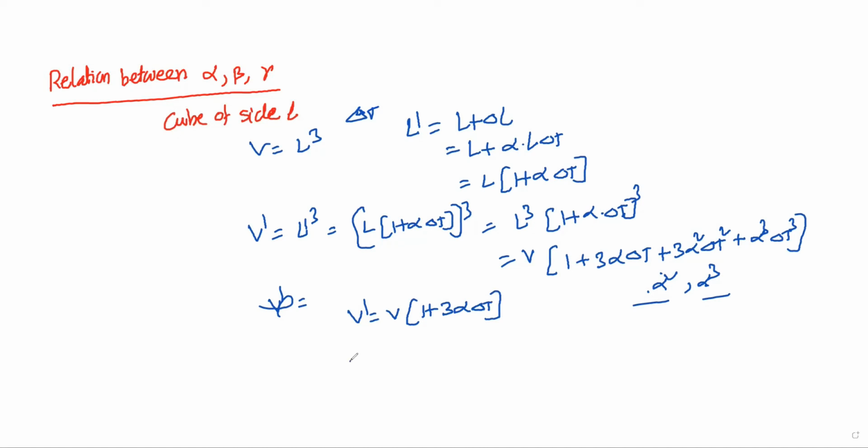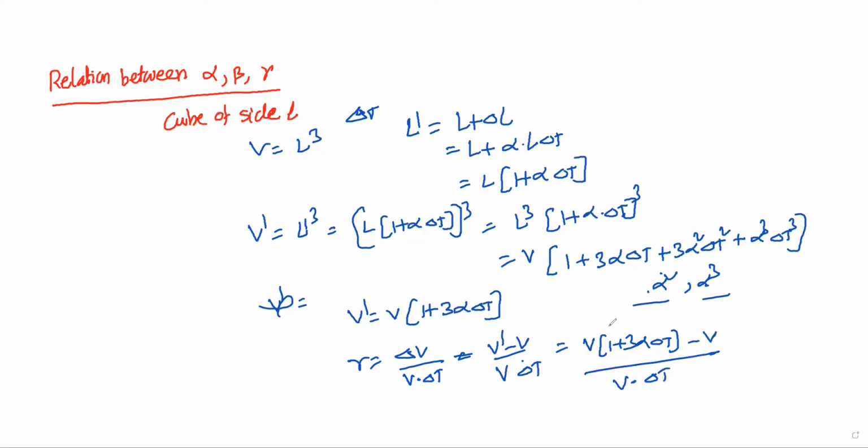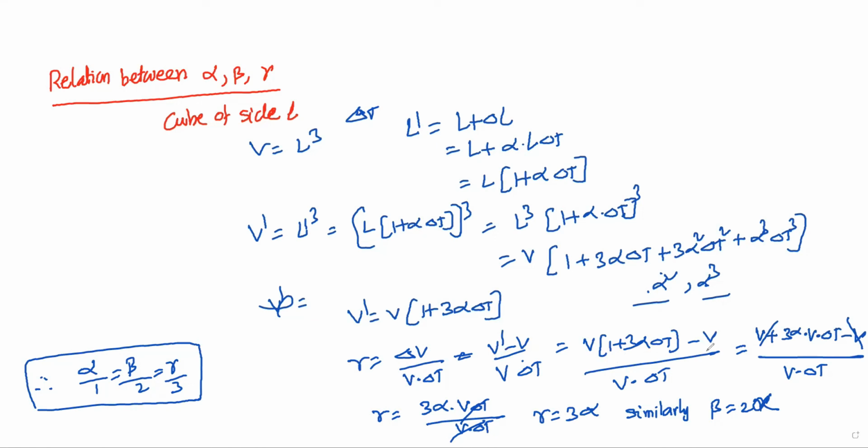So from that, gamma is equal to delta V by V into delta T, that is V dash minus V by V into delta T. Now substitute the V dash value: V into (1 plus 3 alpha delta T) minus V, by V into delta T. So V minus V will be cancelled, and V delta T will be cancelled.